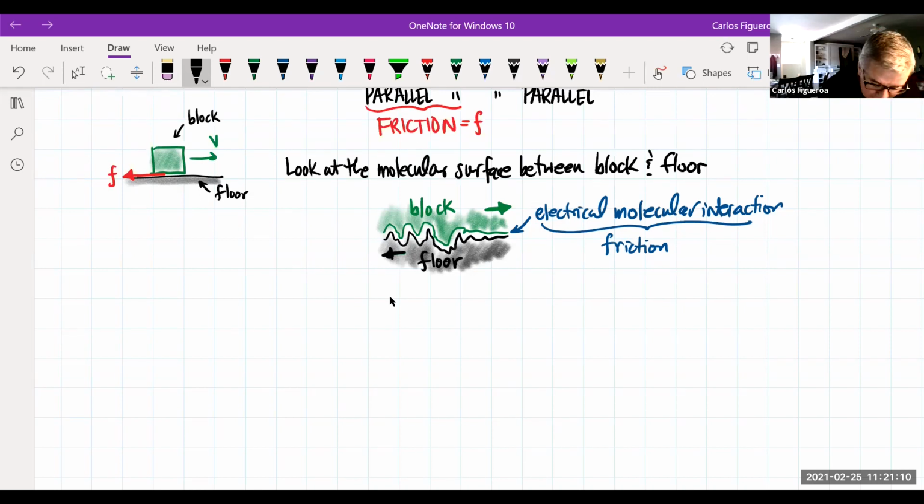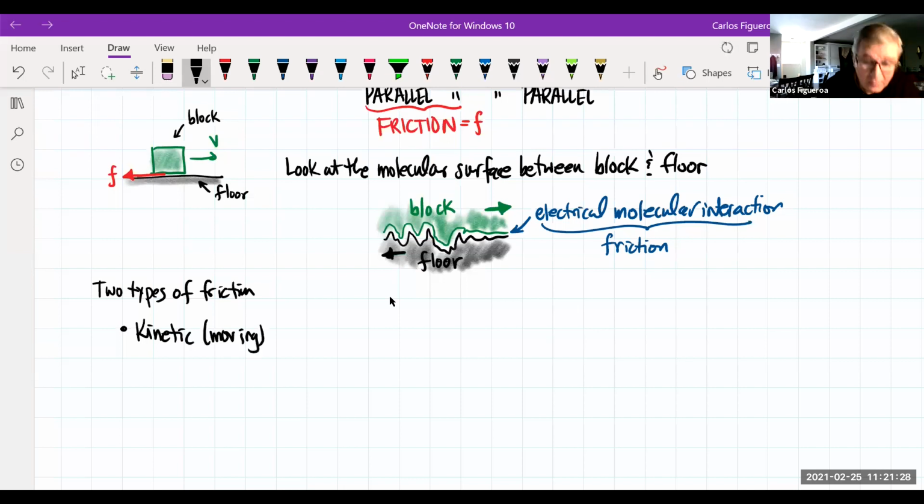And what we find here is that there are two types of friction. One of them is called kinetic. Maybe I shouldn't say moving. When I say kinetic, I really mean sliding friction.